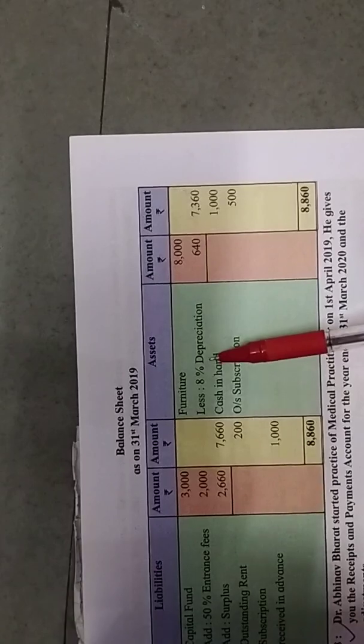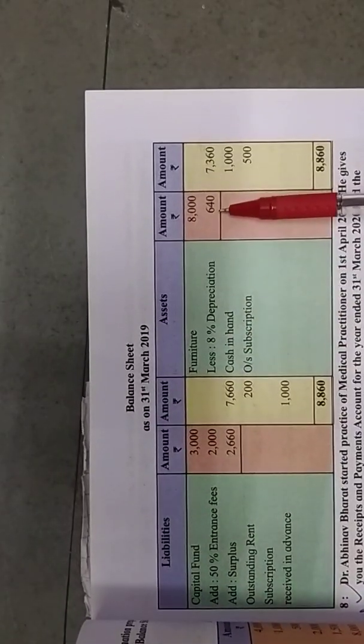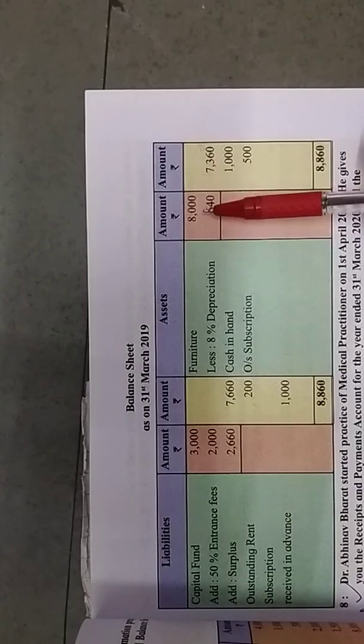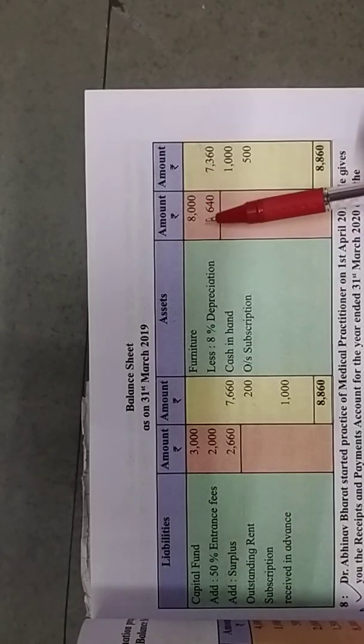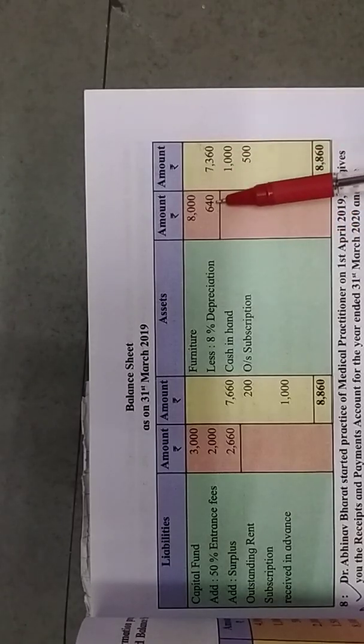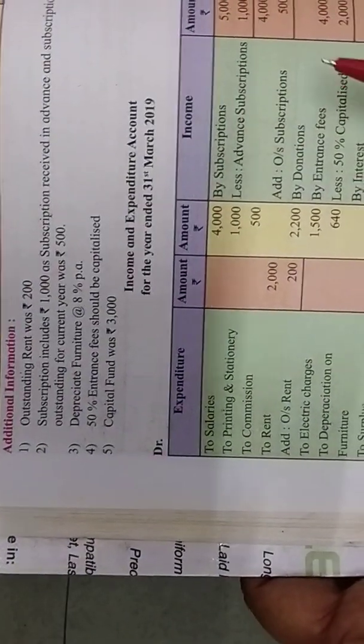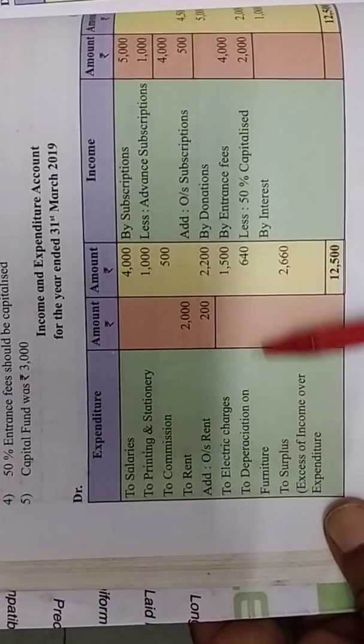Furniture depreciation: 8,000 into 8 divided by 100, 640. Second effect, expenditure side: to depreciation on furniture 640.